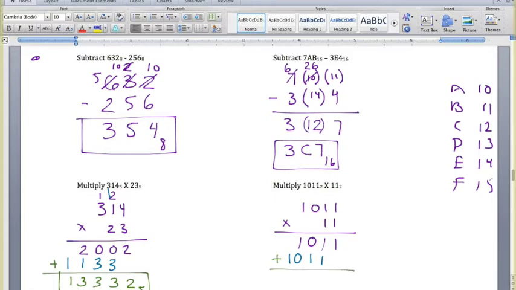Now we need to add, but we're going to have to be careful about carrying. So that first one we can just bring down. But now 1 plus 1 is 2, and we can't write a 2. So a 2 is 1, 0 with 0 left over. Sorry.